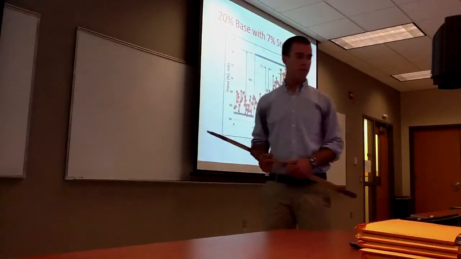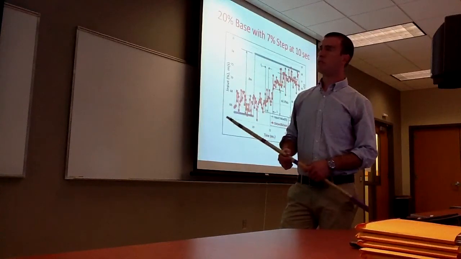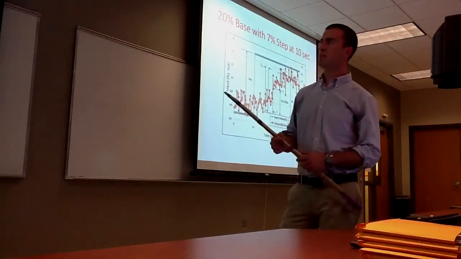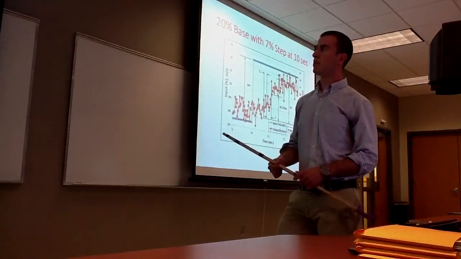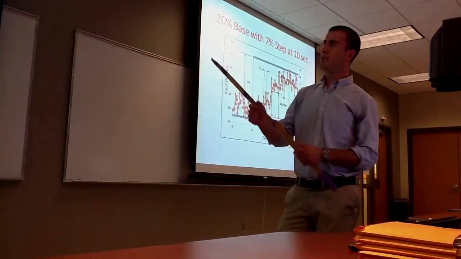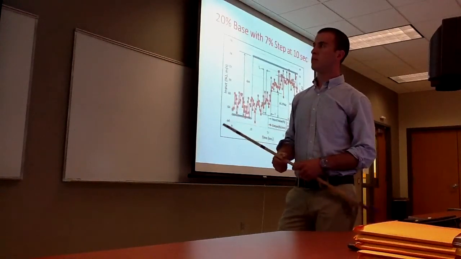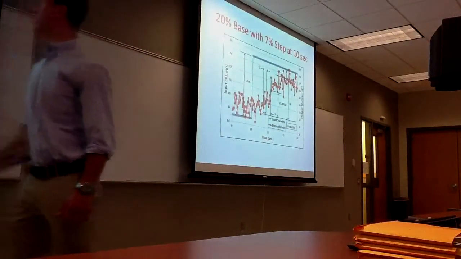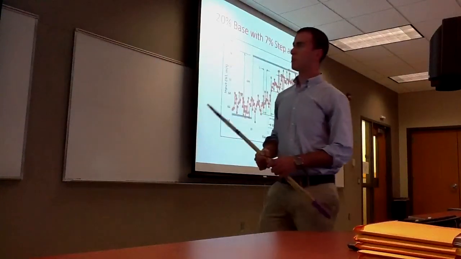This is the graph which shows you all the parameters of the step response, and this is based on a 20% base with a 7% step at 10 seconds. And as you can see, delta M is the difference between the input and output between the step, and delta C is the difference between the step on the output, and T0 is the dead time, which is how long it takes for the system to respond to the step, which is actually supposed to be a little bit closer to this area over here, and that's about 0.9 seconds or so, which isn't too bad.